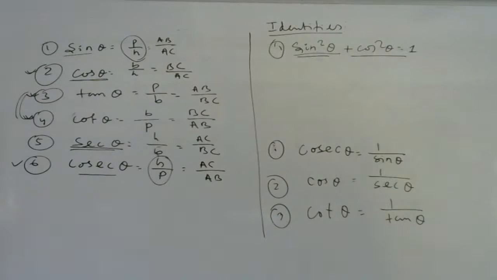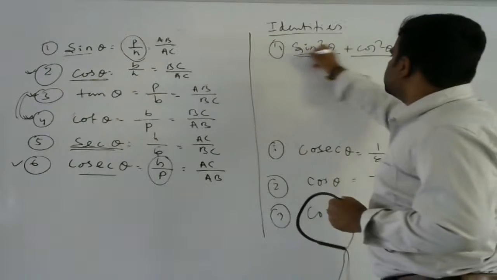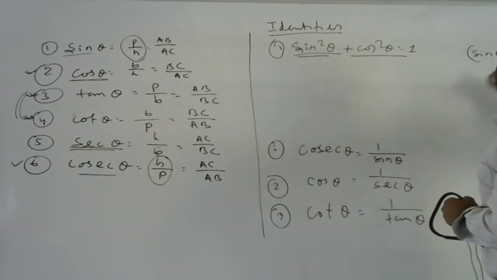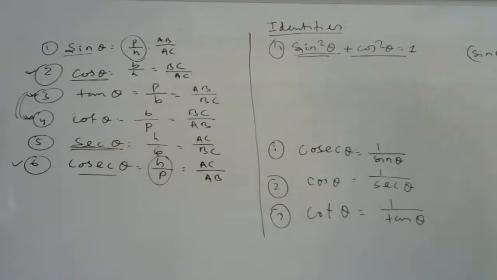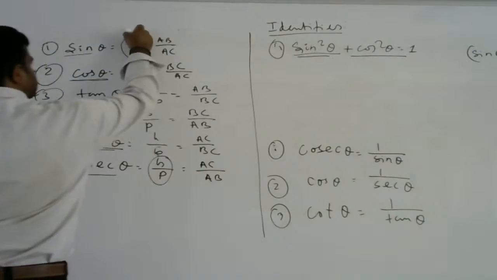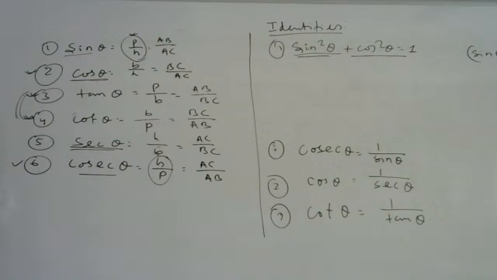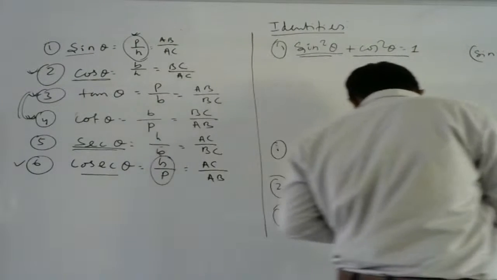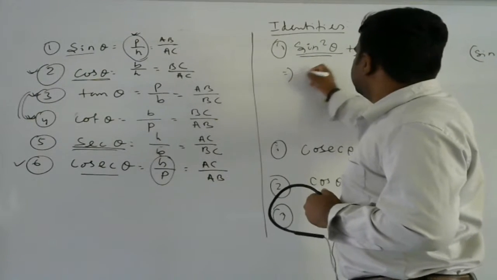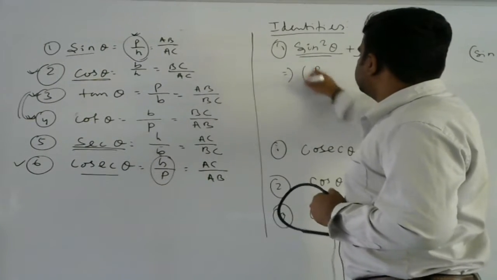This one you can prove, because sin square theta means sin theta whole square, and we know that sin theta is p upon h. So sin square theta will be p upon h whole square.